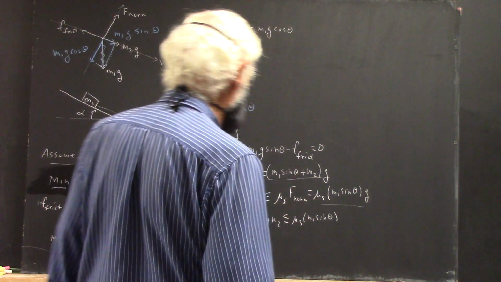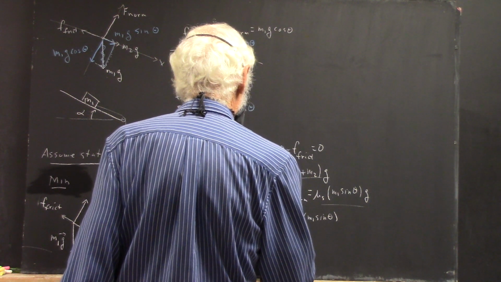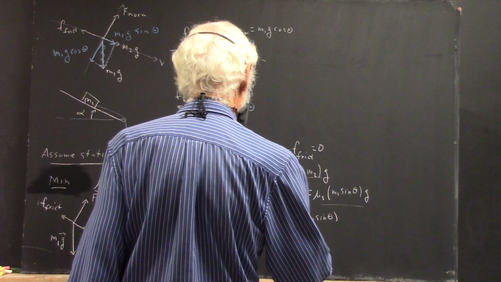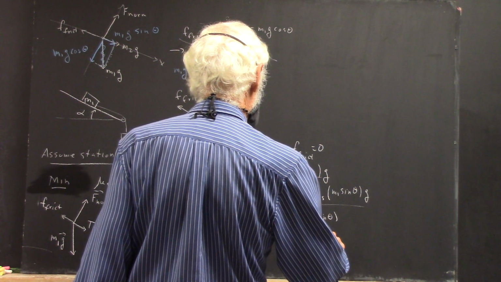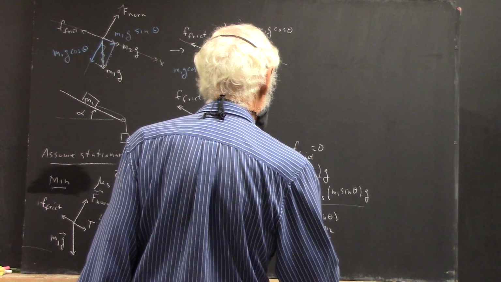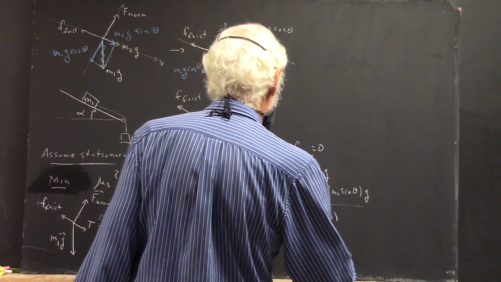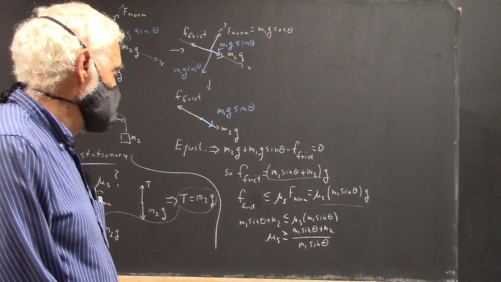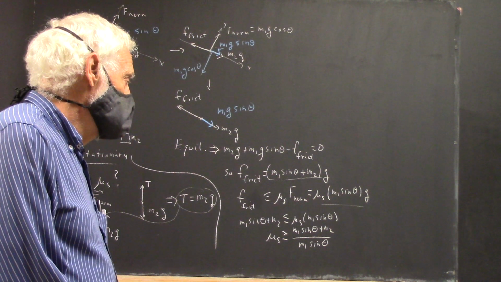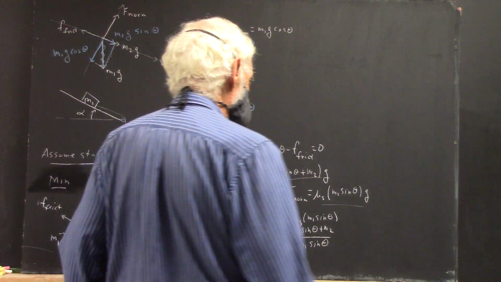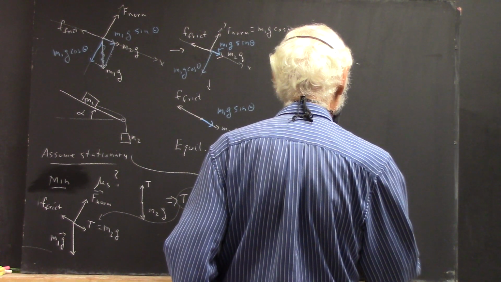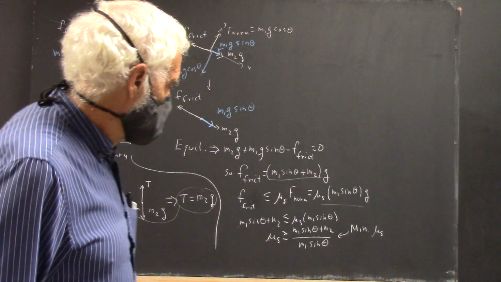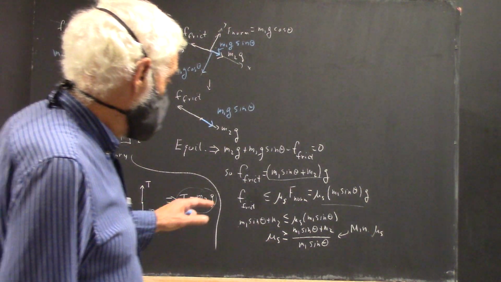So we get this, and we then divide that out. And we get this. And this is going to be our minimum mu s, because mu s has to be at least this big.